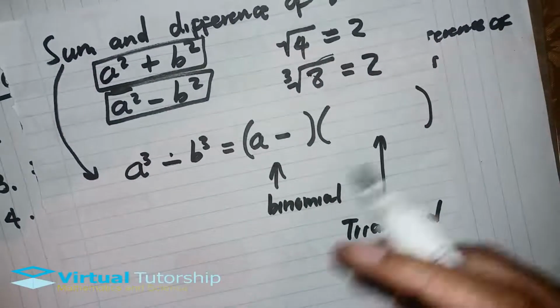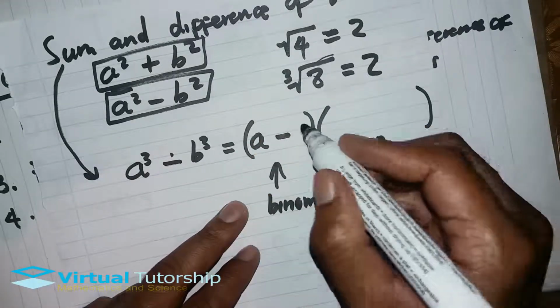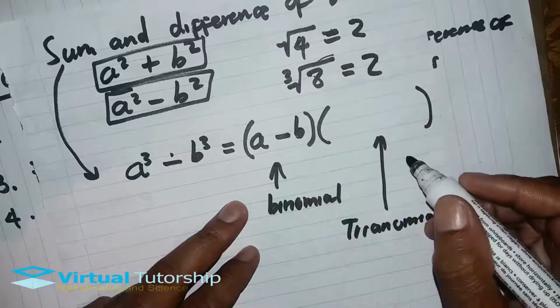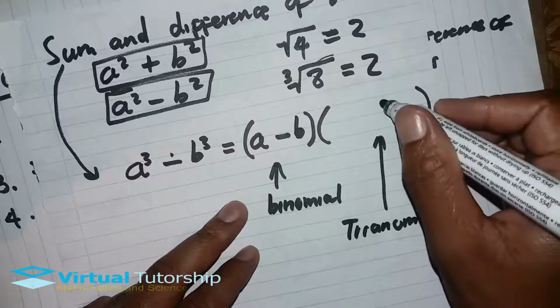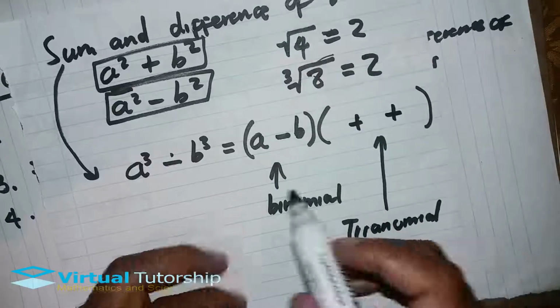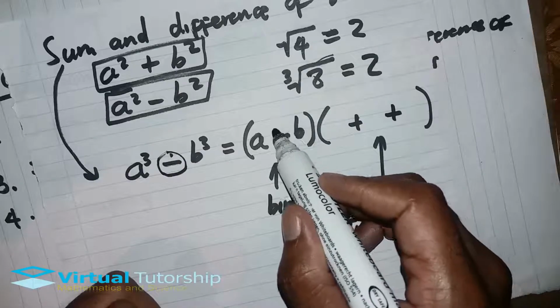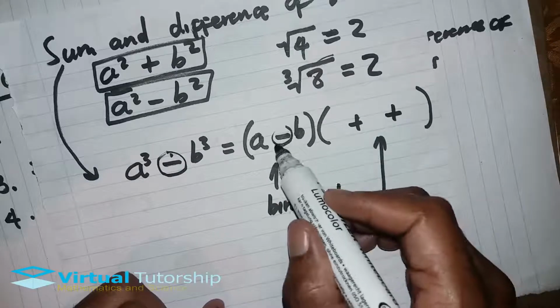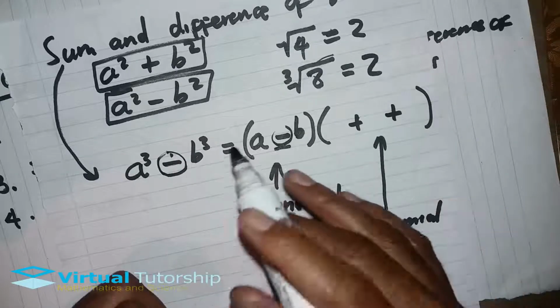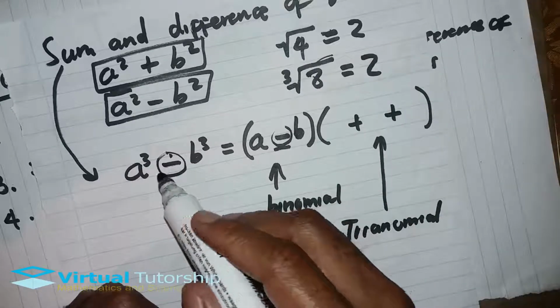The third root of b cubed is b, and the signs in the trinomial bracket will be plus and plus. This minus is preserved in the binomial bracket. Always, not only on this problem, always with cubes it behaves like so.